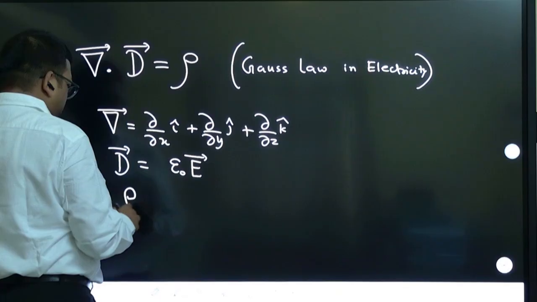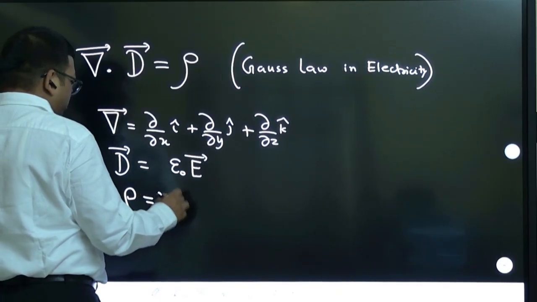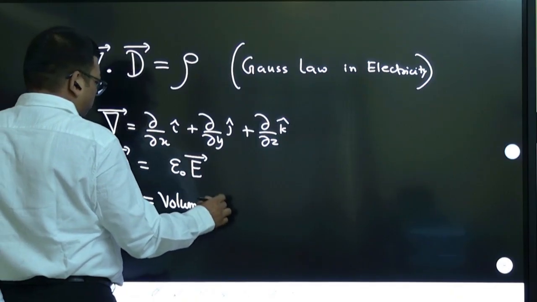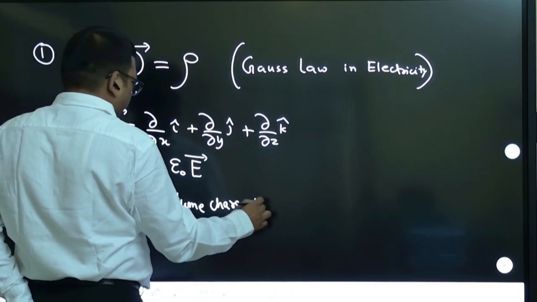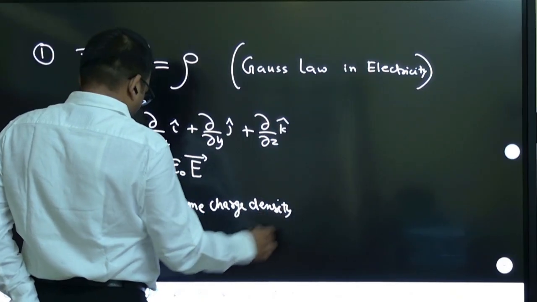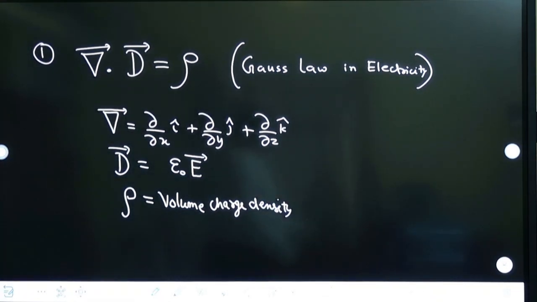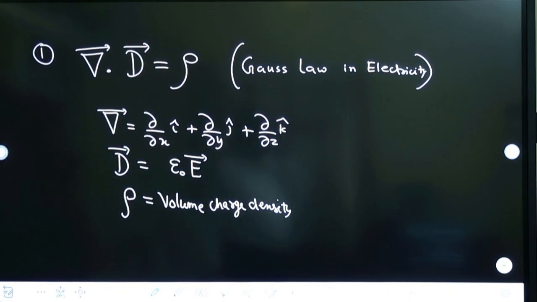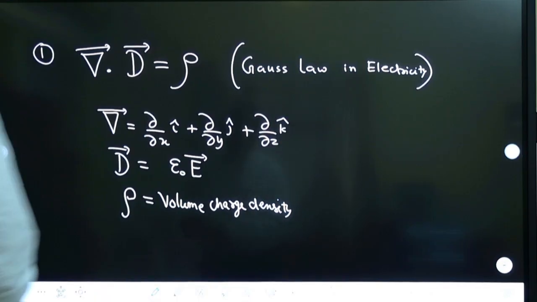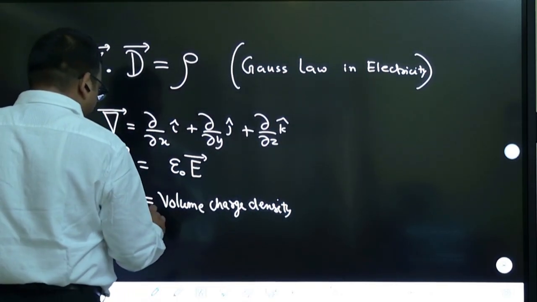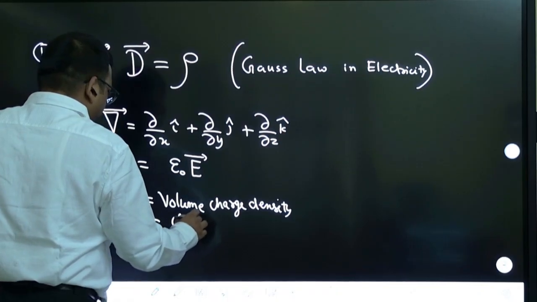Rho is charge density, volume charge density. Volume charge density means charge by volume.